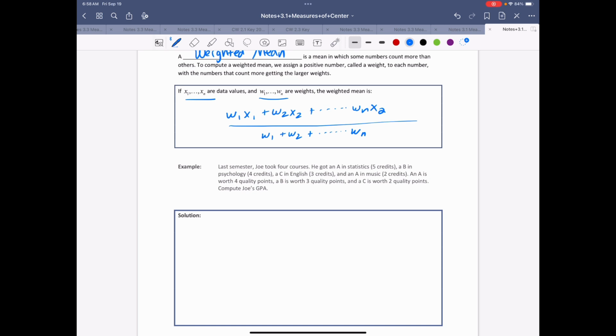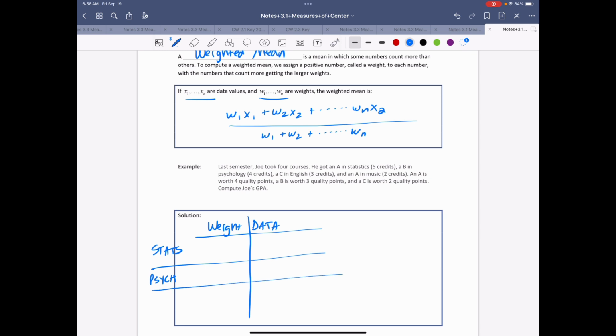Now, here's what I like to do. I like to make a table for this, and I'm going to call it my weight and my data. All right, and he had stats and psychology and English and music.